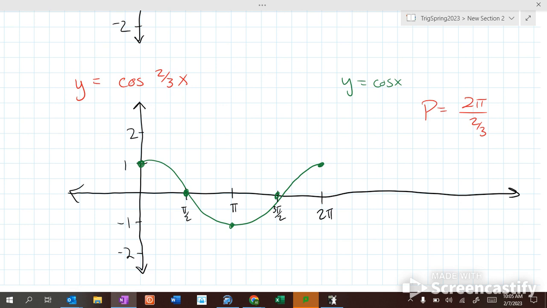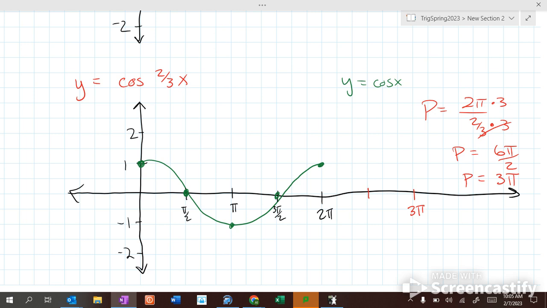How do I get rid of a complex fraction? Well, I could multiply by the denominator, right? So my period's going to be 6 pi divided by 2, or my period's going to be how long? 3 pi. So it's going to be all the way out here at 3 pi. It's going to stretch it out a little bit.